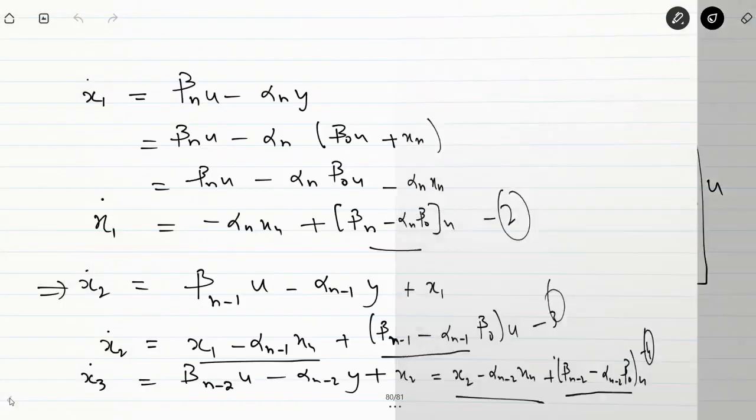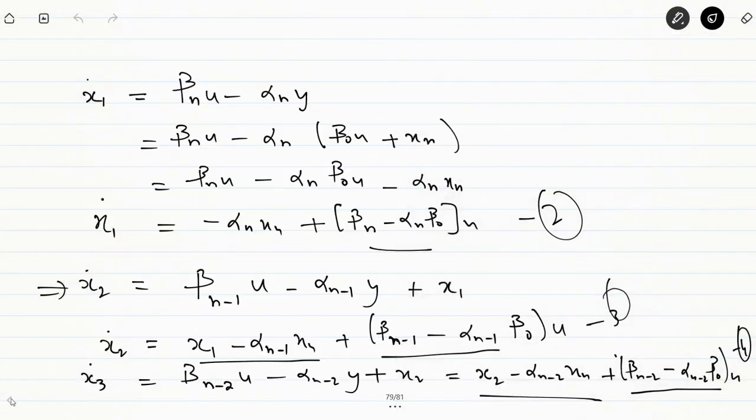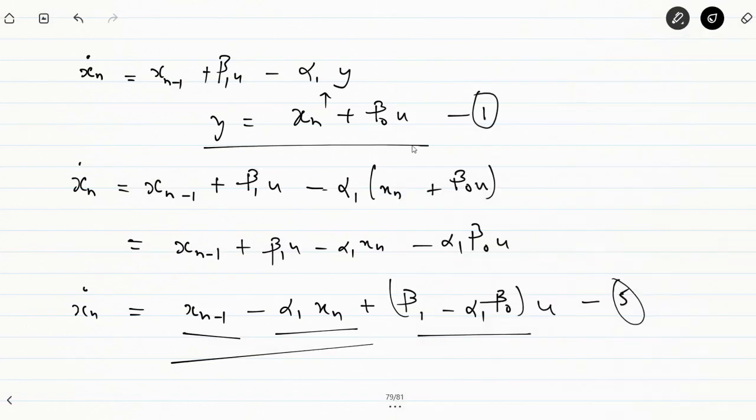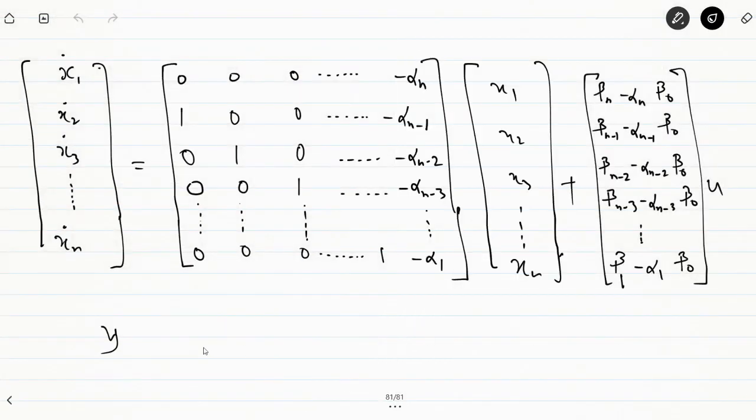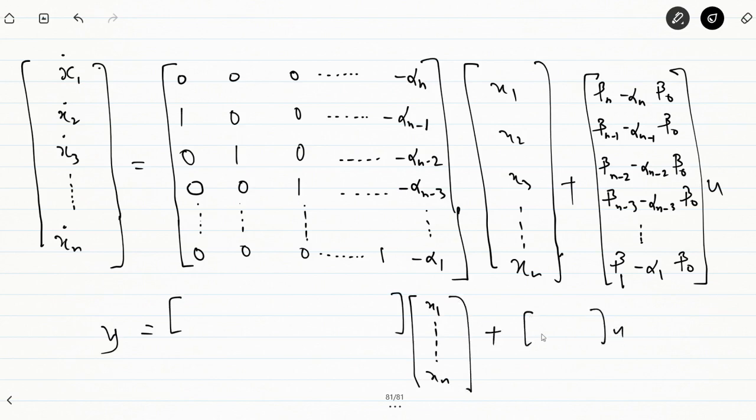Y is equal to, equation number 1, xn plus beta naught u. Y is equal to x1 and so on up to xn plus something times u.